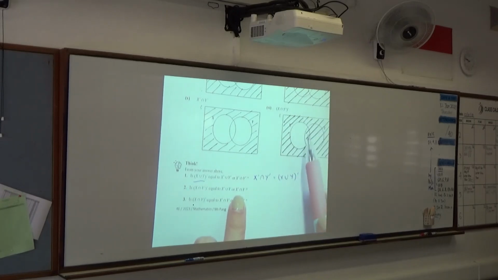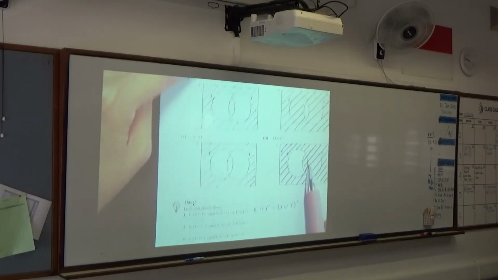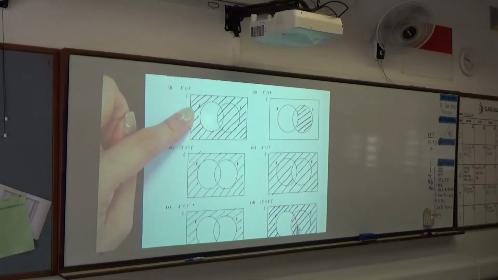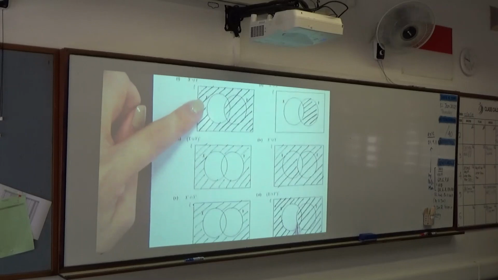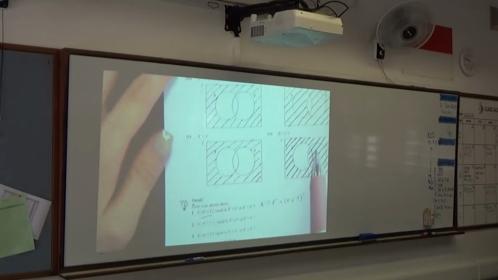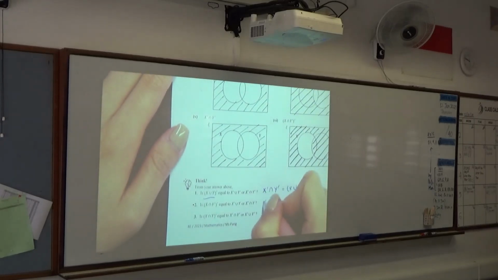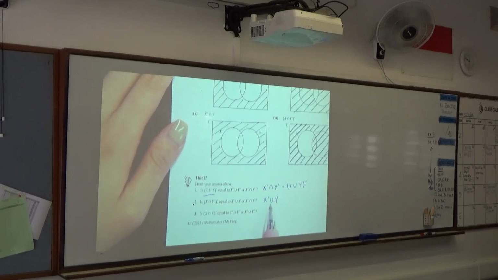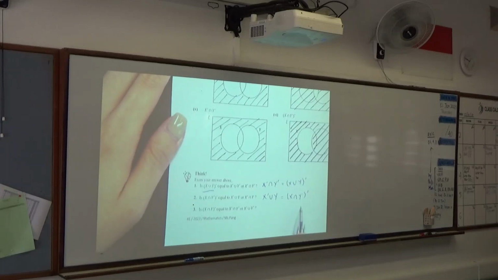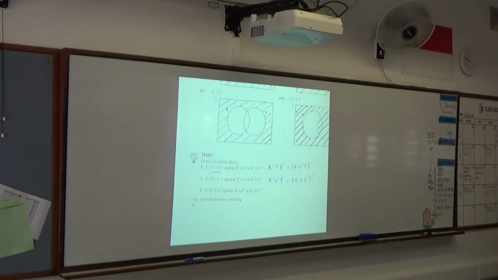So the question is asking whether this one over here is equal to this first one, or is it equal to this one? Clearly, by matching this and this, we see that they are equal. So we can conclude that this equals this one, and they are equal. So we're trying to pair things up in this case.